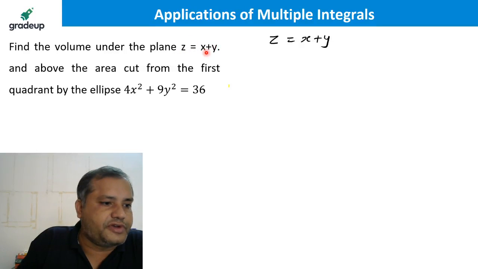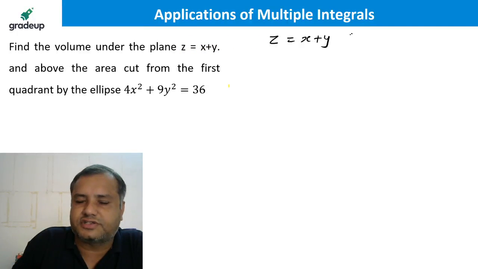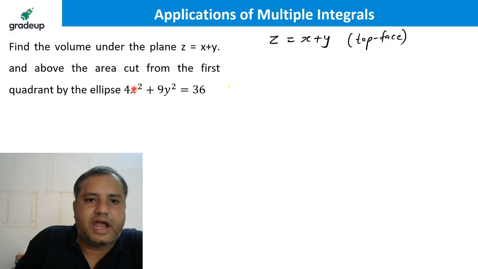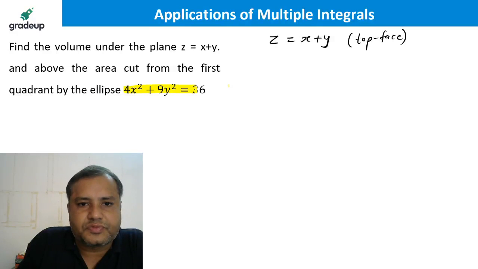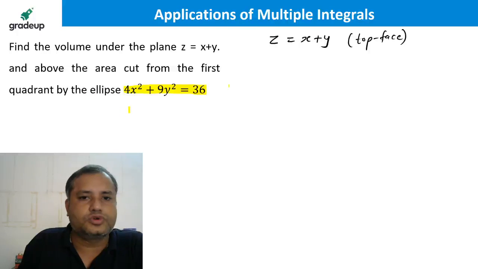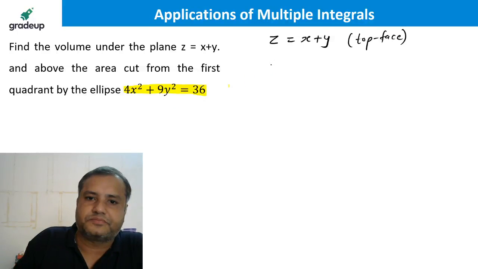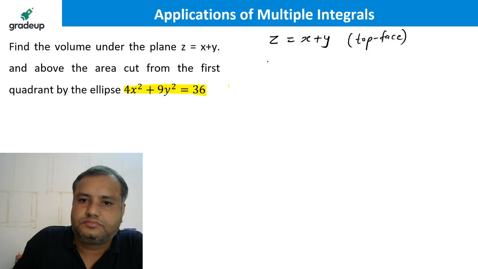So this is the top face, this is the top face of the 3D shape, and above the area cut from the first quadrant of the ellipse. So this is an ellipse whose first quadrant is the region of integration.